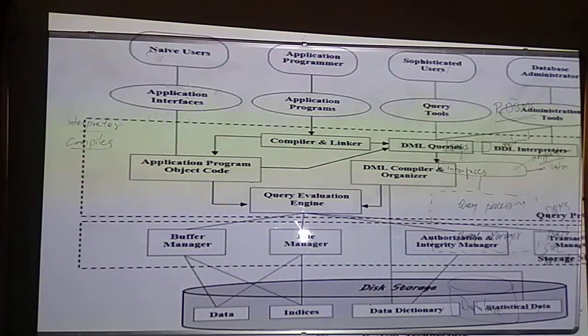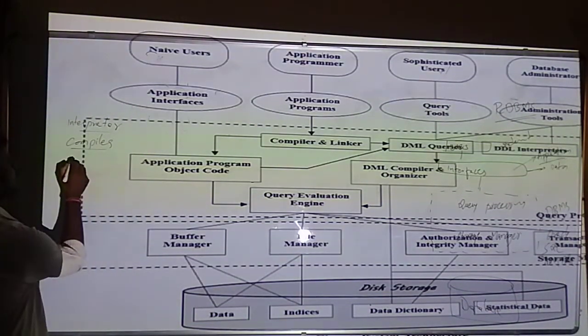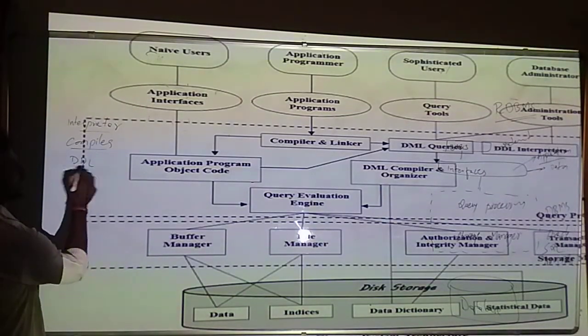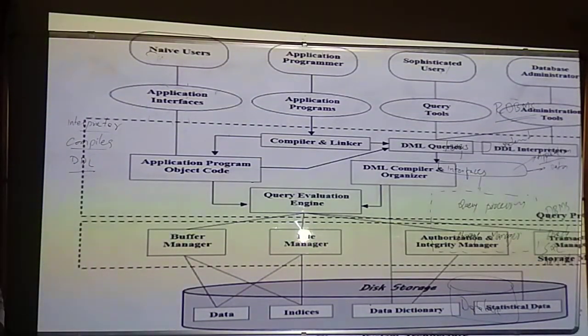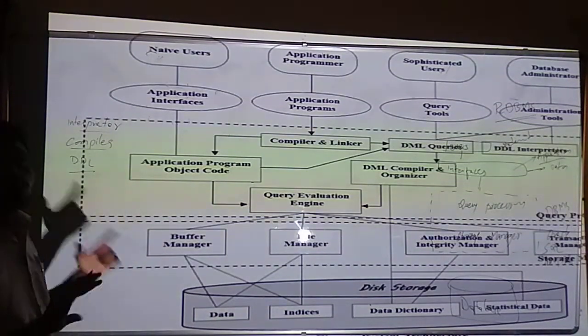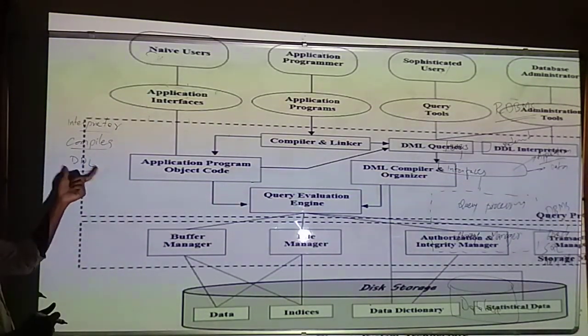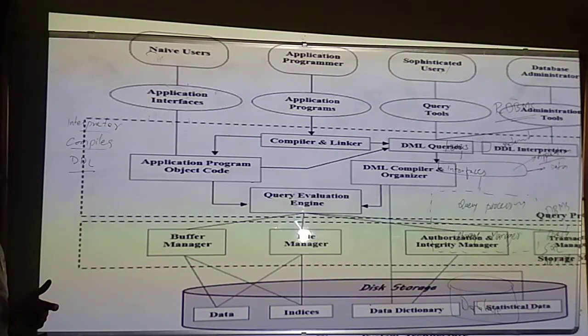Using those compilers and interpreters, you define your database schema, that is, you use a language called data definition language, where you can create your database, delete your database, and alter your database. How we do that, we will discuss when we use data definition language.